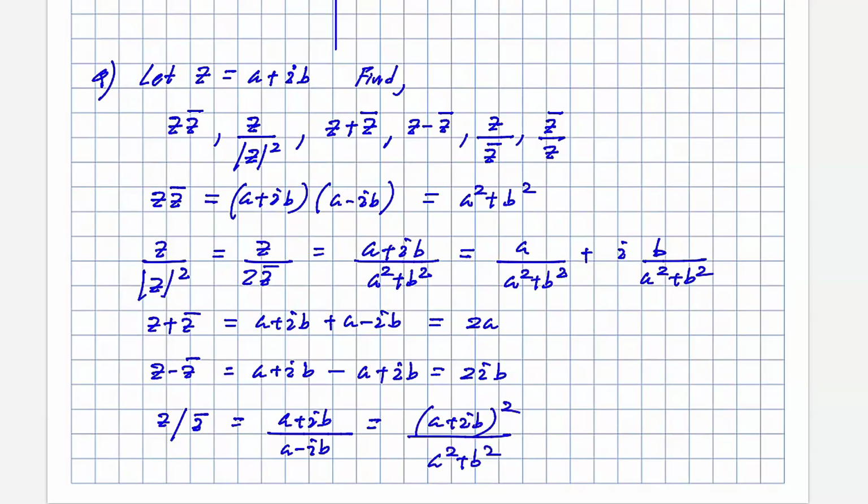Is that right? Now, if you simplify this a little bit, that's going to be a squared, this is i squared b squared, minus b squared, divided by a squared plus b squared, plus i 2ab divided by a squared plus b squared. Correct? So try to do your simplifications really fast, right? So that's one of the things. Is that right? Confirm? Yeah.